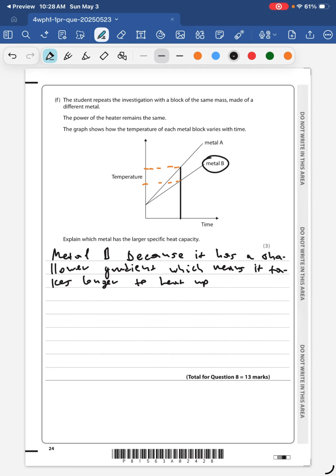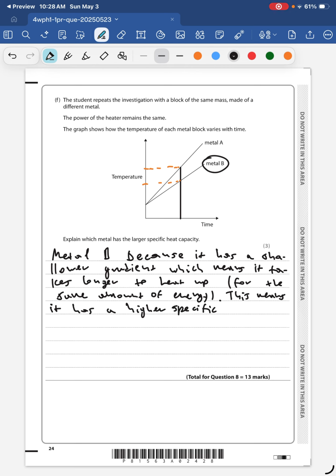Yeah, just that. It takes longer to heat up for the same amount of energy. Okay, this means it has a higher specific heat capacity.